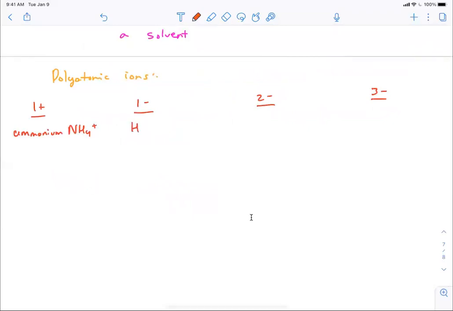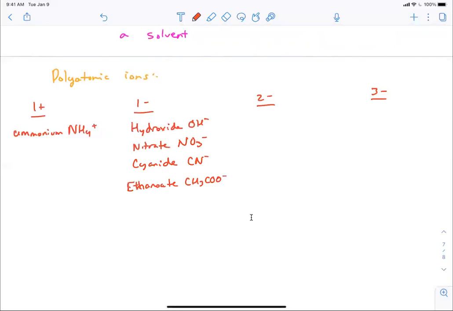Next is hydroxide, which is OH-. And then nitrate, which is NO3-. Cyanide, which is CN-. Ethanoate, which is CH3COO-.